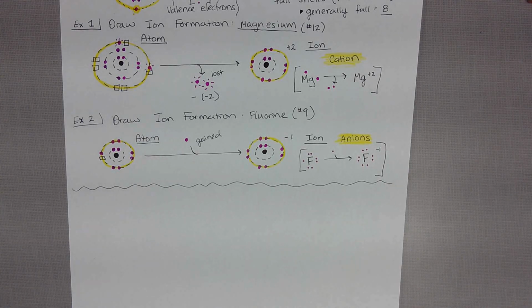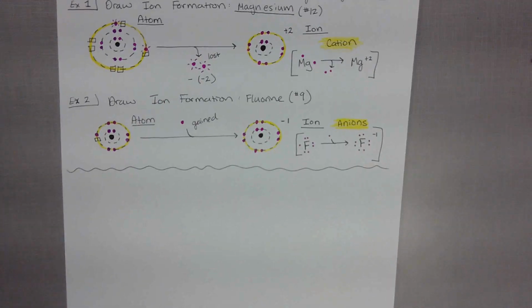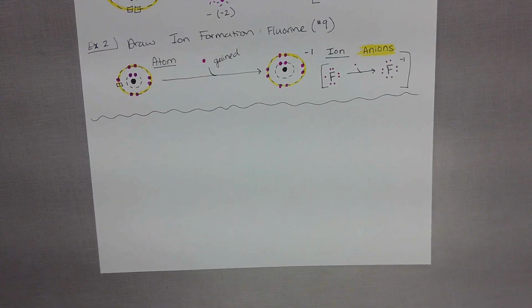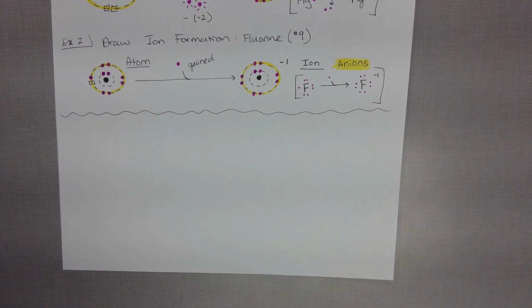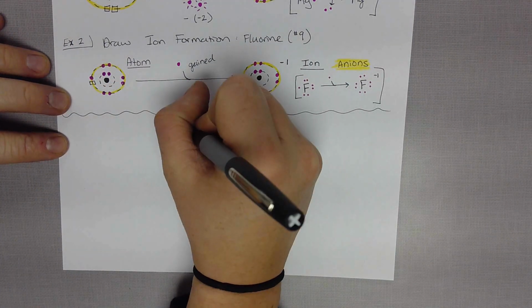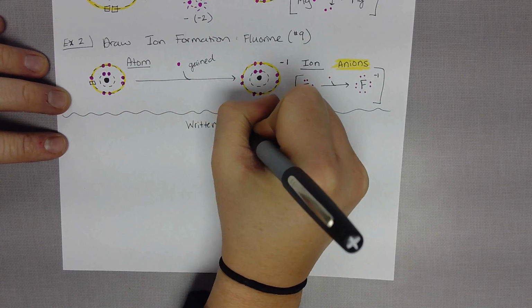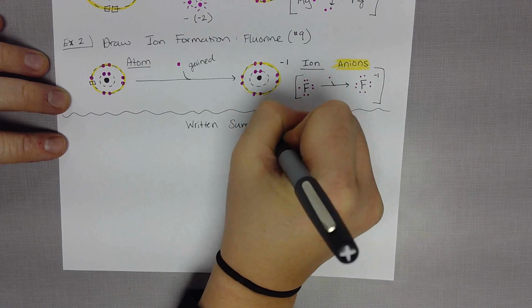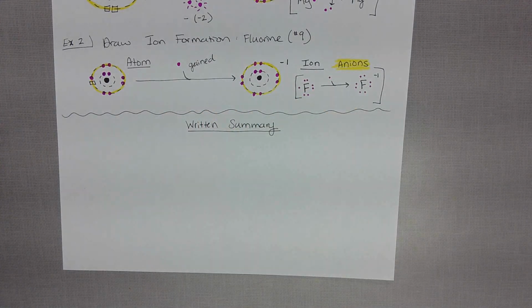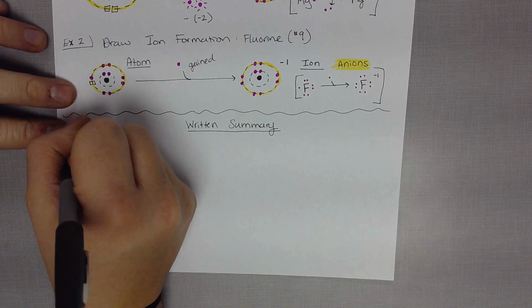Now, that's all for the notes, but I want you to use these notes to finish some quick sentences as a little bit of a checkpoint. So, at the bottom page, bottom third, you're going to do a written summary. And you're going to fill in the blanks of three questions.